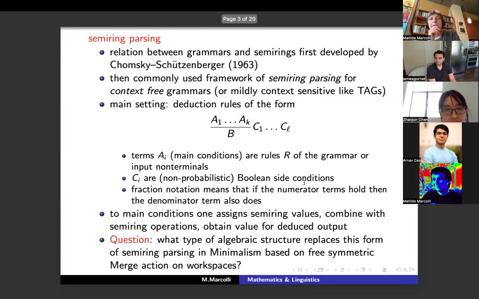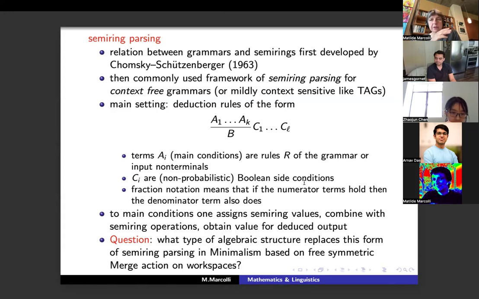Okay, but so the idea of using semirings to parse syntactic structures generated by a generative grammar, so let's say syntactic objects in this more general sense, goes back quite a long time.